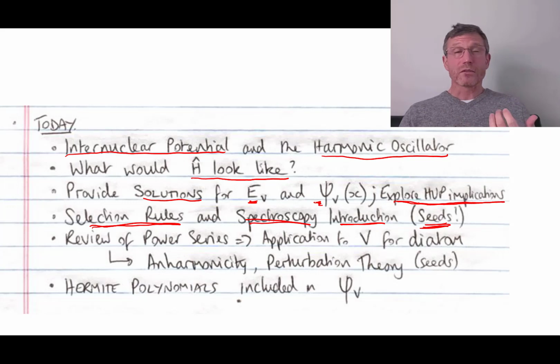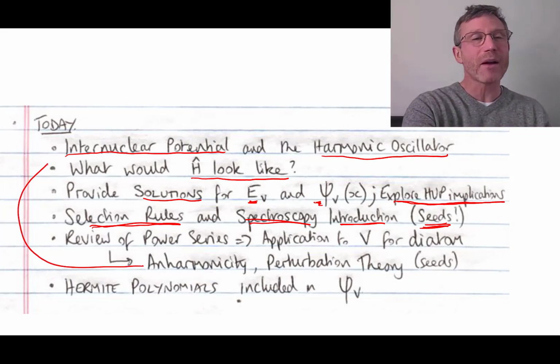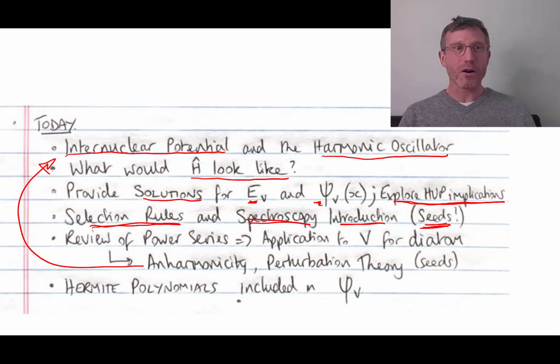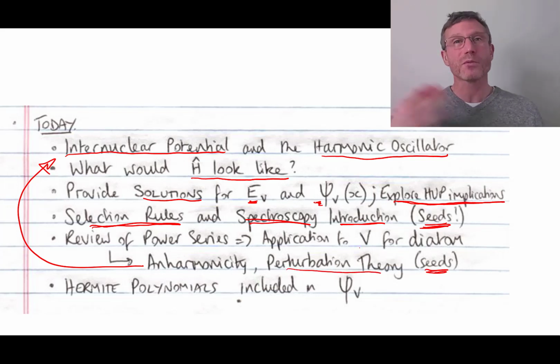We're going to take a look at some mathematics, a review of power series. We're going to apply that to the potential energy for the diatom. We're going to talk about anharmonicity. So the anharmonicity is going to tie back to the graph I'll show you for internuclear potential. And I'll plant also, these are all seeds, some seeds for perturbation theory, which will come later in the course.